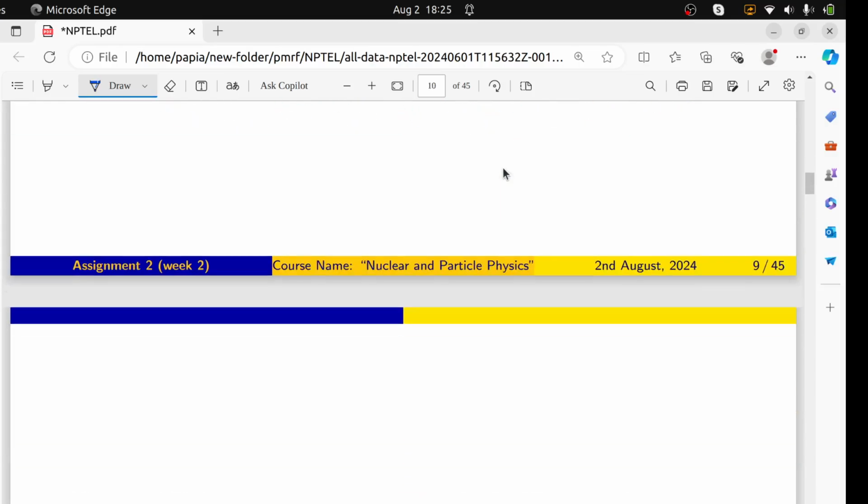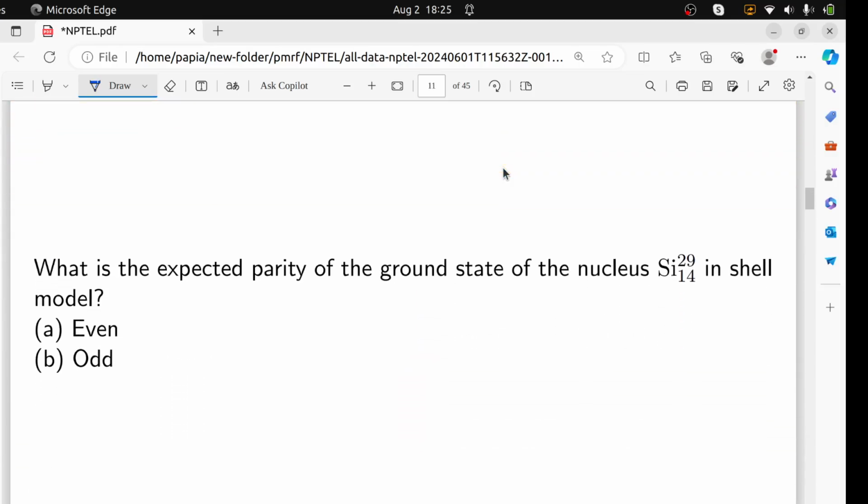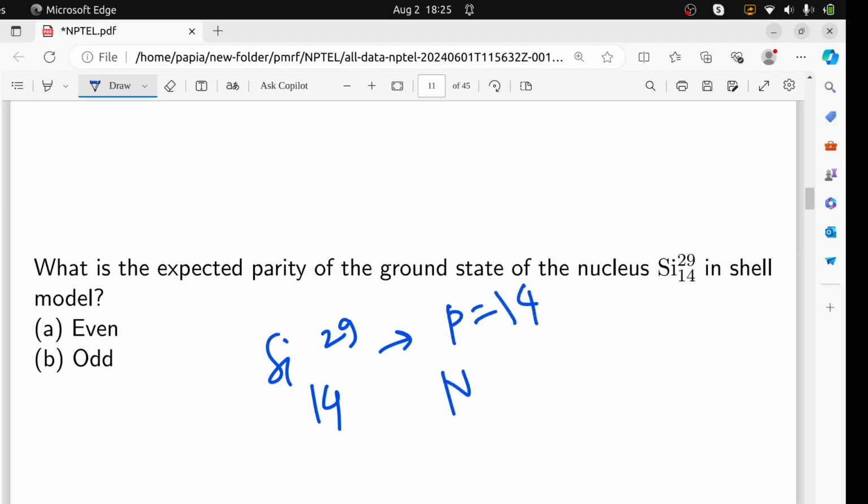Okay, fine. Now maybe we can go to the next question. What is the expected parity of the ground state of the nucleus in the shell model? Okay, so they are asking about parity. For this case, proton is 14, neutron is 29 minus 14, which is 15.